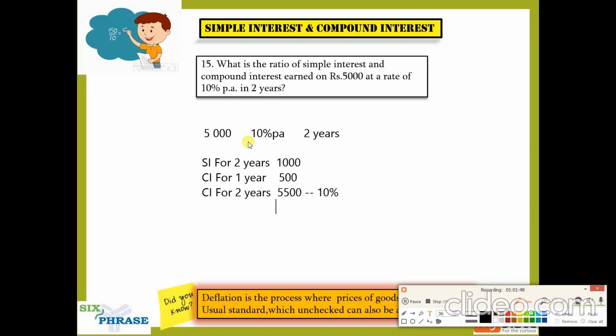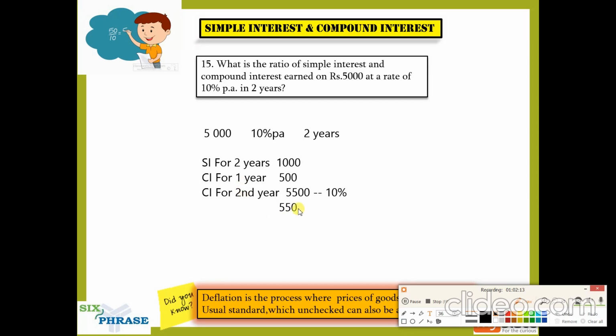It is 550, guys. For 1 year it is 500, so the second year it is 550. So I shouldn't say it's 2 years, I should say it is the second year, right? CI for the first year is 500, and CI for the second year will be 550.